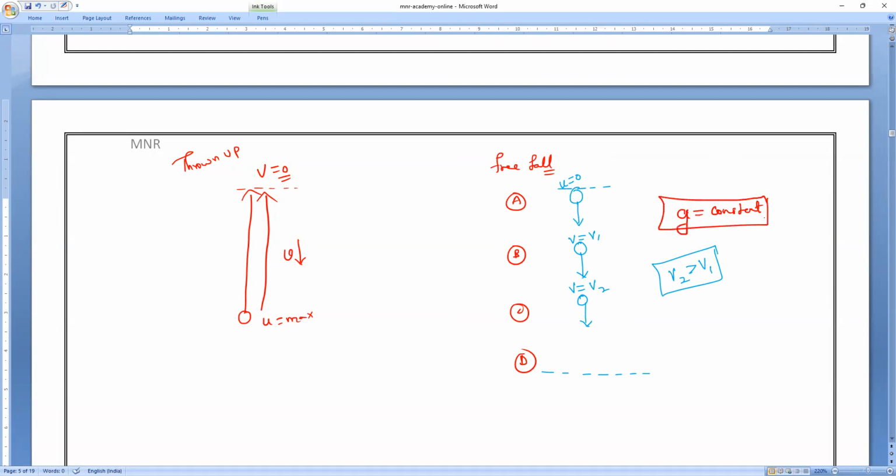The value of g remains constant, but the velocities keep changing. Before touching the ground, it will have V3, the maximum velocity. That is the case of free fall. Am I right, everybody?